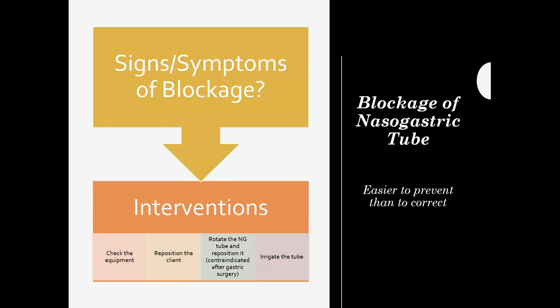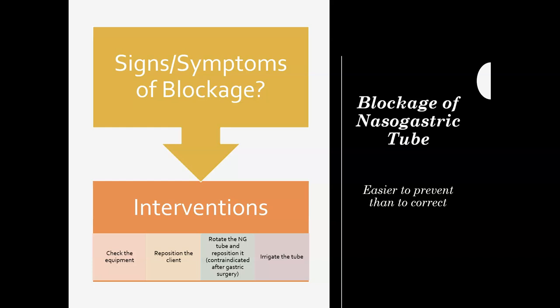Could be a blockage, could be something else. Or if we're trying to give medications or an enteral feeding and it won't go down, you're getting a lot of resistance, it's not wanting to drain into the NG tube, then we might have a blockage as well.